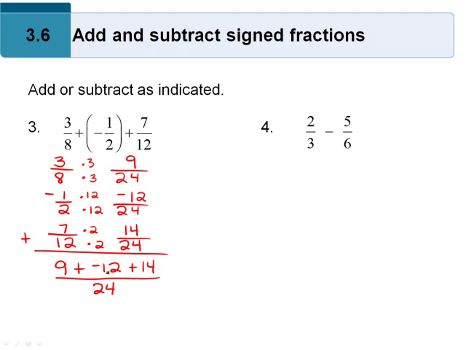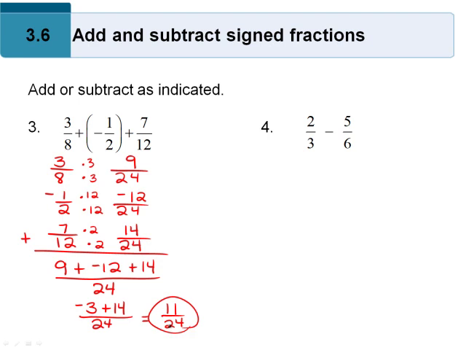If you look at 9 plus negative 12, you have to subtract there because the signs are different. That would give you negative 3 plus 14, still all over 24. Now, negative 3 plus 14, we have to subtract, keep the sign of the bigger number, and that would be 11 over 24. 11 is prime, and it doesn't go into 24, so that's it, 11/24.